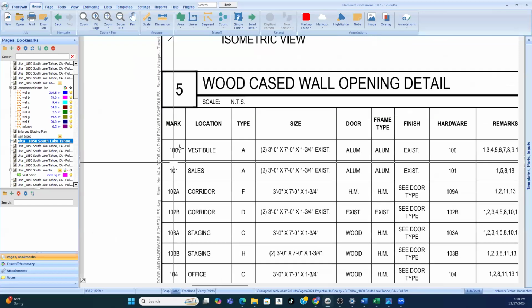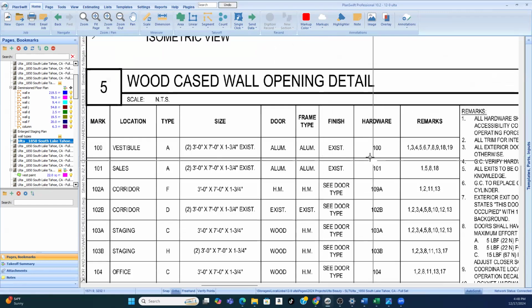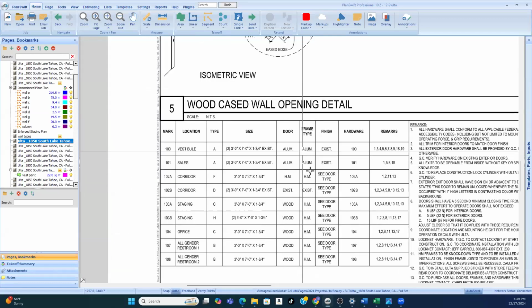So these would be all of our doors. And we're always looking for what is the frame. Usually when I see an aluminum frame, that's usually a storefront. And my contractors don't do the aluminum frames because that's a specialty storefront thing.